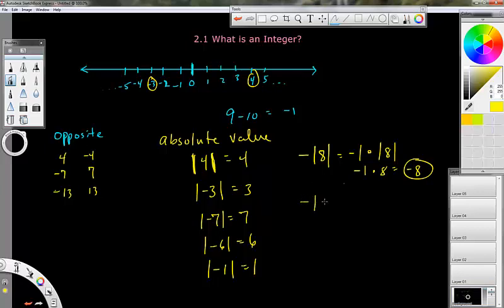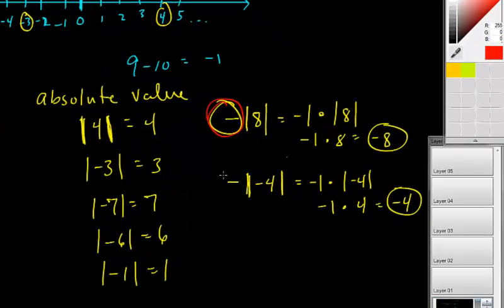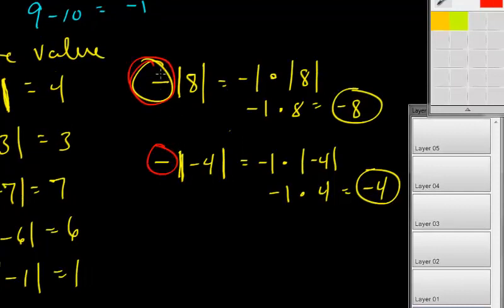Even if it's like this, okay, this, again, translates into -1 times the absolute value of -4. Well, that's -1 times +4, which is still -4. And the rule I always tell people is if you have a negative sign outside of an absolute value symbol like this, the answer is going to be negative.